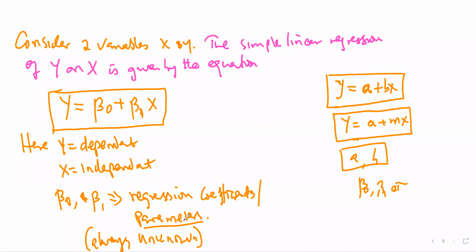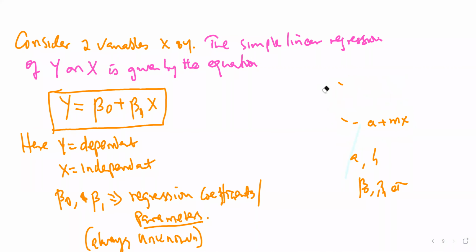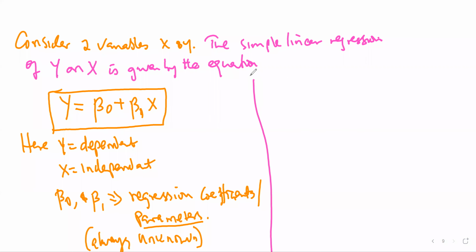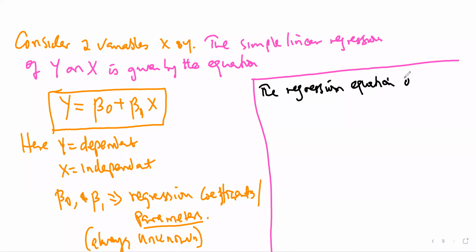So if they are unknown, we need to estimate them. So we need some method to estimate them. But before we look at that, I want you to contrast this scenario so that you don't confuse some things. So let's say the regression equation of x on y.